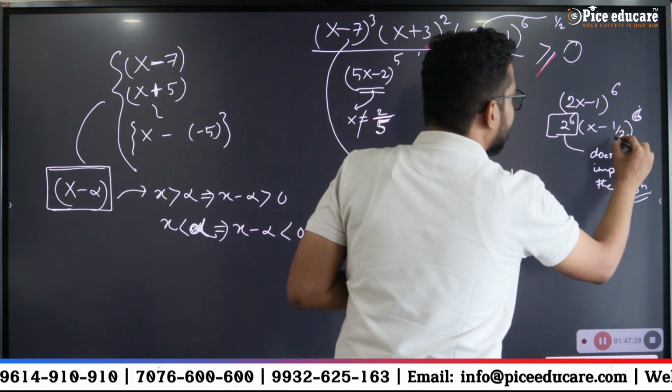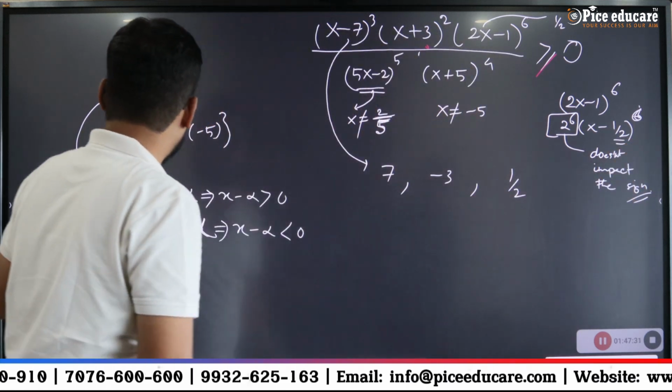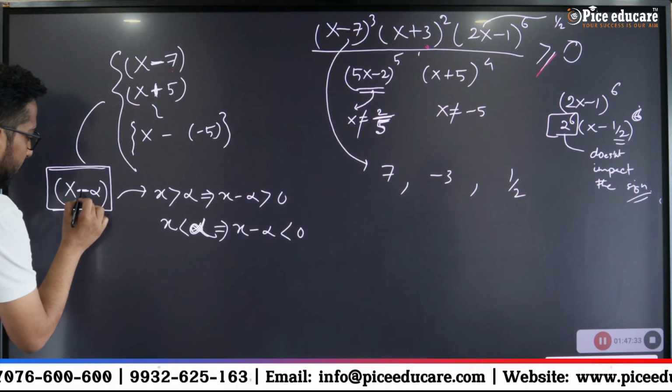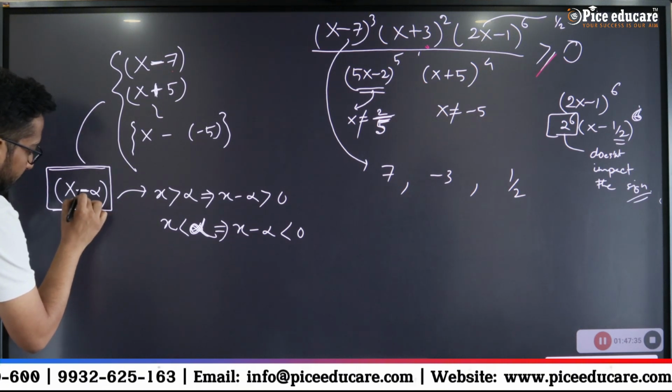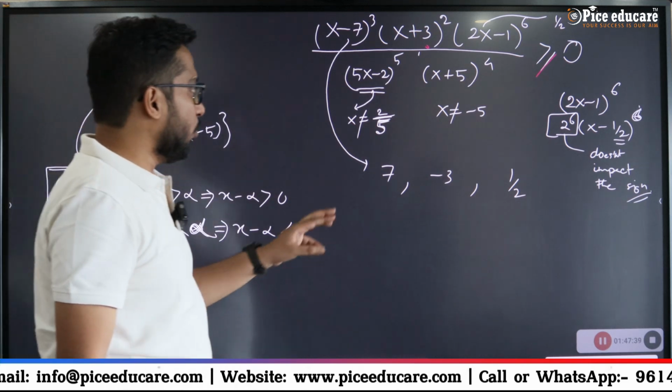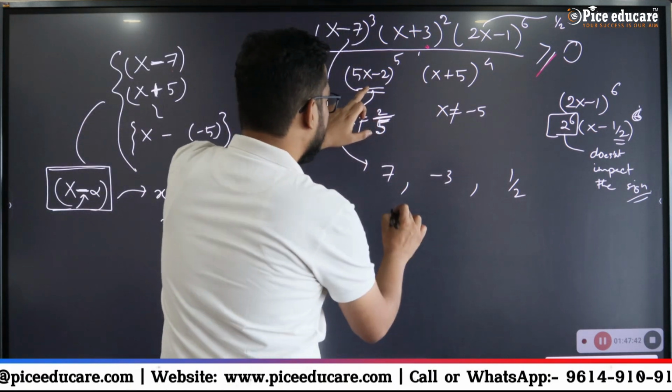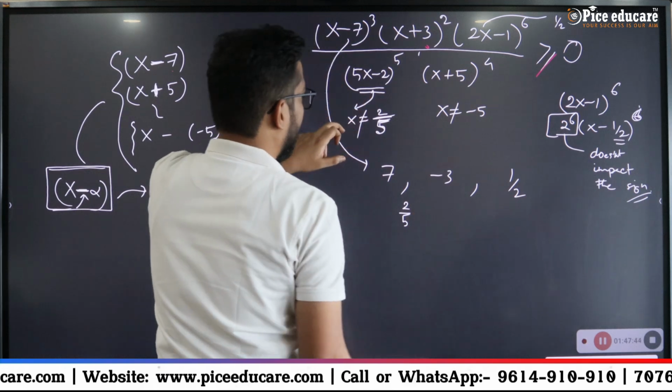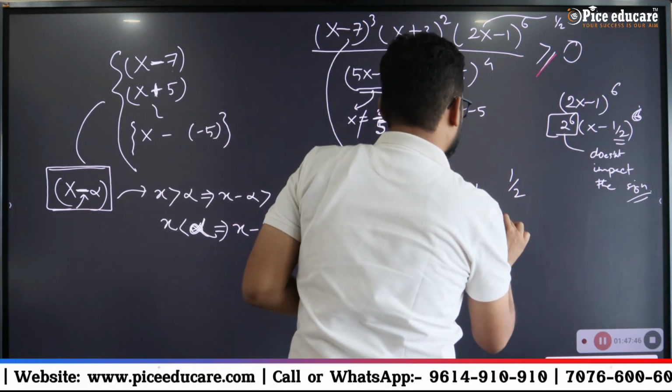So your alpha is this. That's why I was stressing x minus alpha, and keeping this sign here as negative. This is the reason. Now you know all your alphas. Here it is 2 by 5, here it is minus 5.